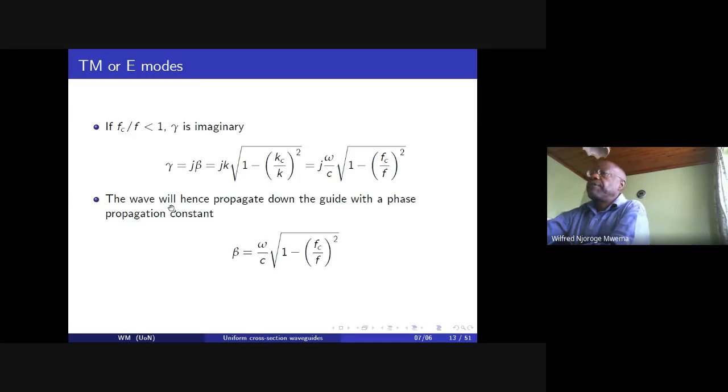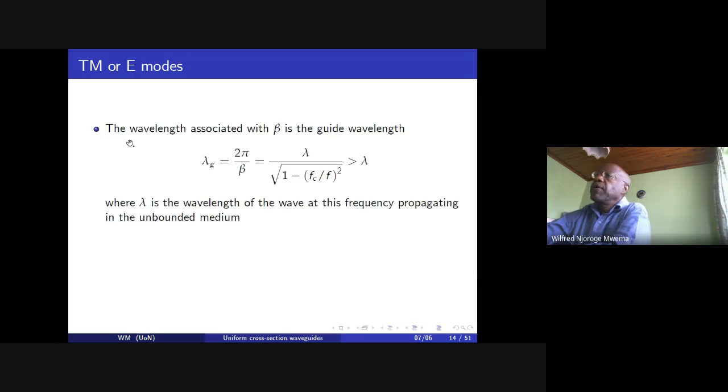The wave will hence propagate down the guide with a phase propagation constant beta equal to omega by c root 1 minus Fc by f all squared. Remember, for this condition, we mean that we will operate our waveguide at a frequency above the cutoff frequency Fc.